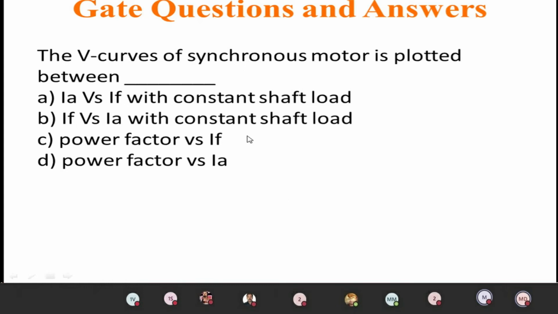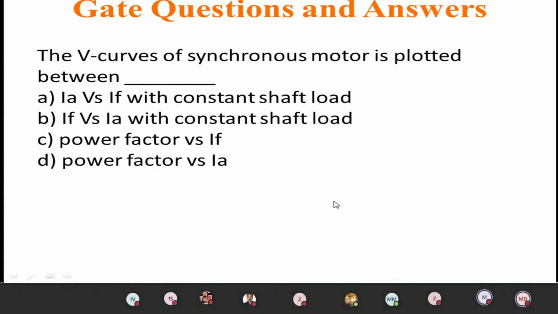Let me start with zero field winding. So at minimum field excitation, it has a high lagging power factor, so the armature current is very high. Now we start to increase the field current, so the power factor starts to increase. Once the power factor increases, the armature current starts to decrease.